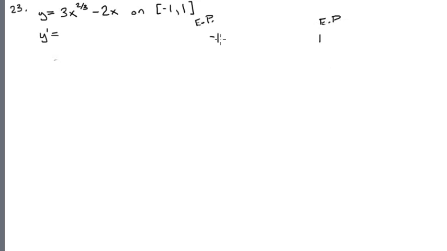Our function at -1, so -1 to the 2/3, we're going to square it, which makes it positive, and then we take a cube root of 1, so that will just be 1.